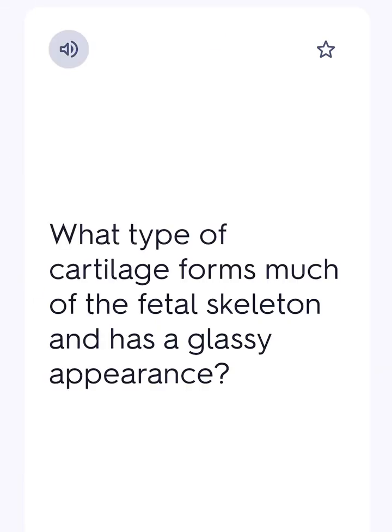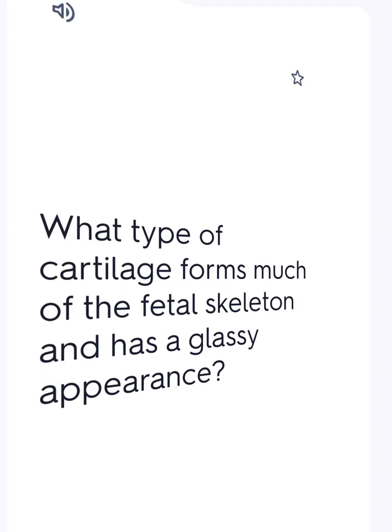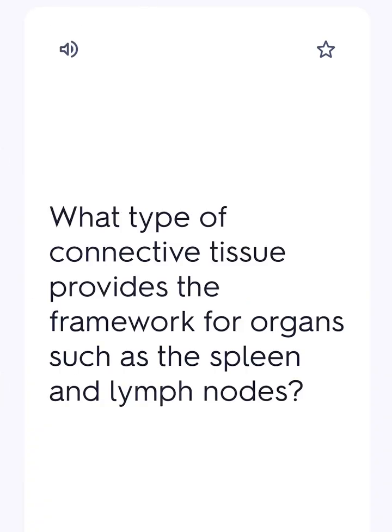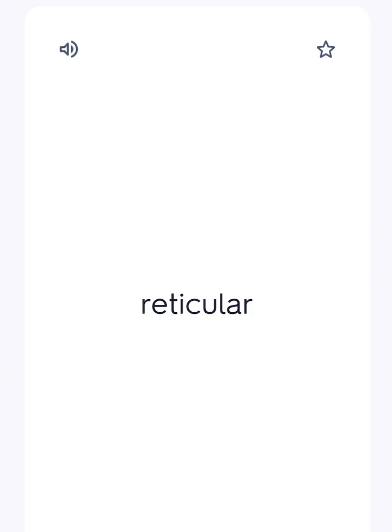What type of cartilage forms much of the fetal skeleton and has a glassy appearance? Hyaline. What type of connective tissue provides the framework for organs such as the spleen and lymph nodes? Reticular.